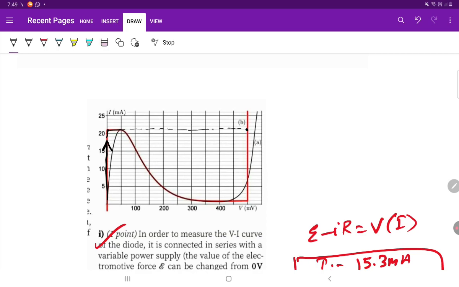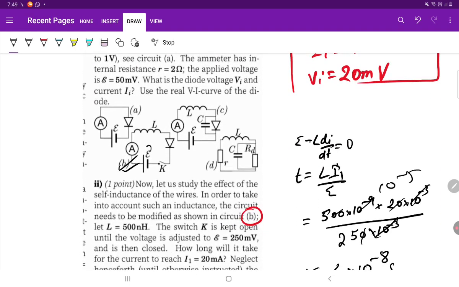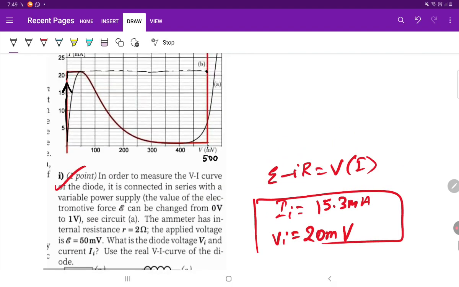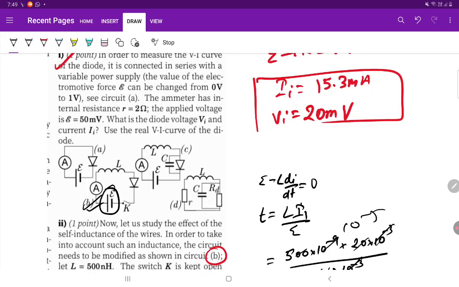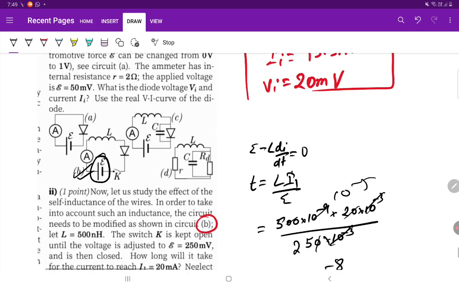Now the diode will act as a battery of opposite polarity to the given battery, which is double that of E. Since E is given as 250 millivolts and we know that the second branch is at 500 millivolts, right? The given battery is at 250 millivolts and the second branch is at 500 millivolts. So the diode will act as a battery of opposite polarity.